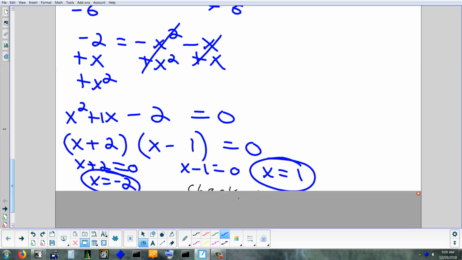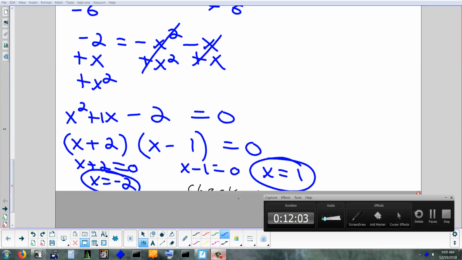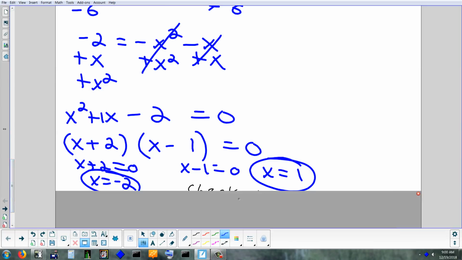Any questions on those? So that's the answer to the problem that we started 10 minutes ago? Those are the possible answers to the problems we started about 10 minutes ago. As I said, possible answers, because we have to check them. We have to make sure they work.